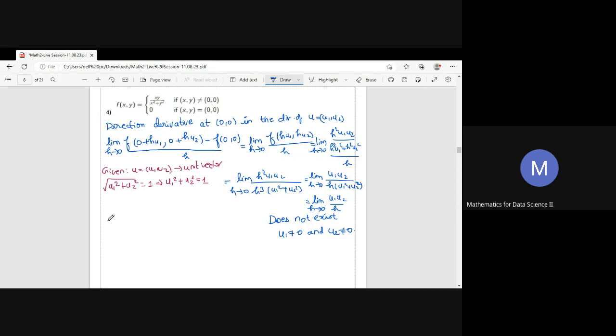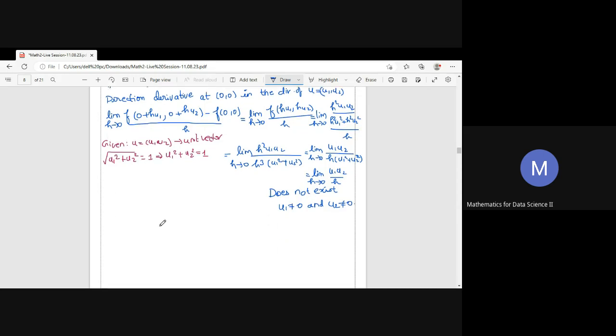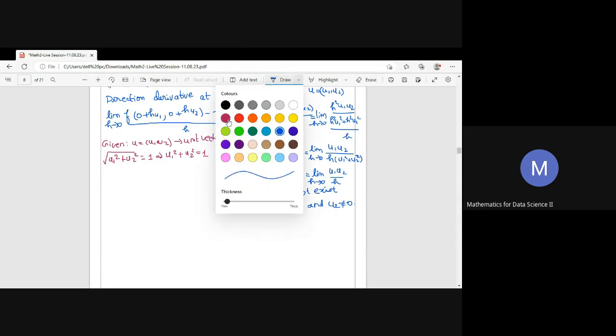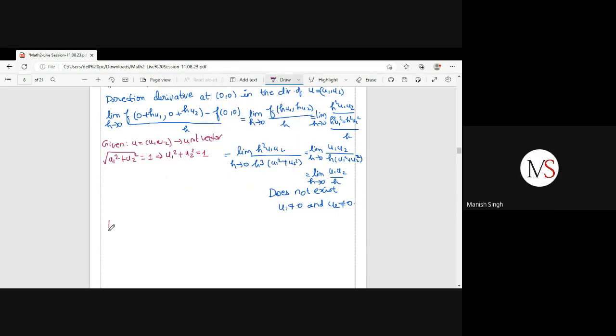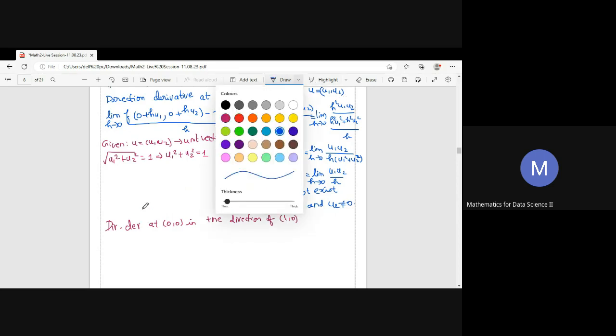Now suppose I am considering it in the direction of 1, 0, that is, in the x direction. Direction 0, 0 does not make sense. So if it is 1, 0, then what will you get?